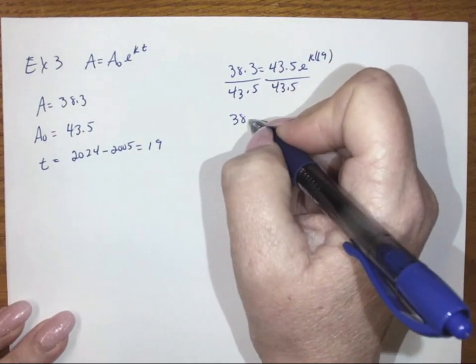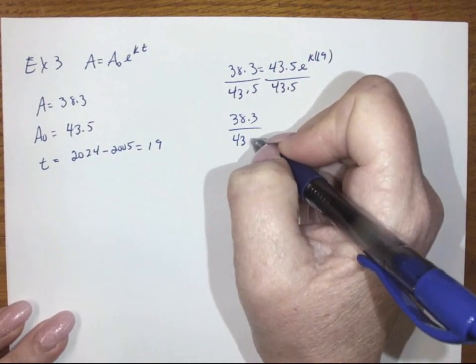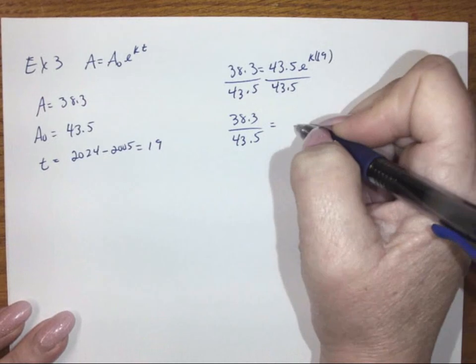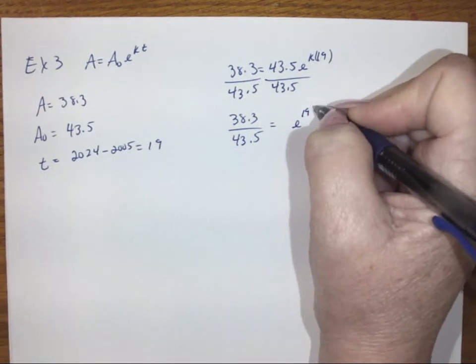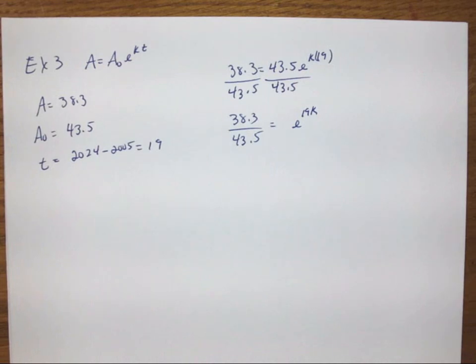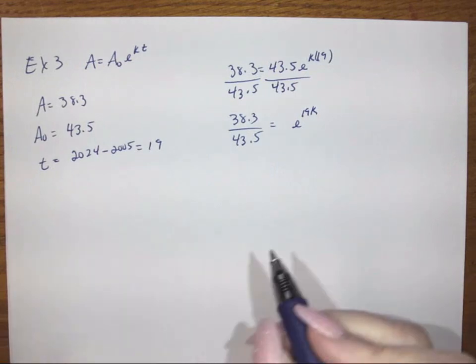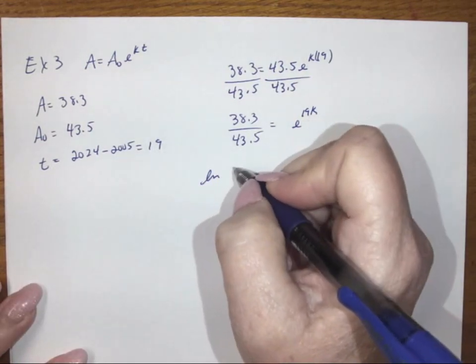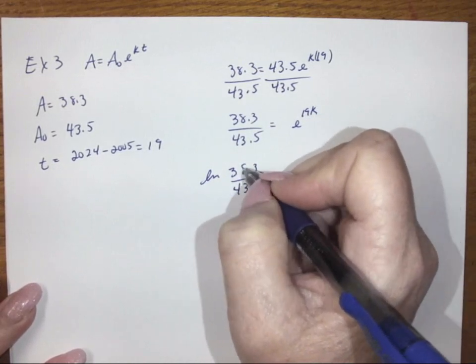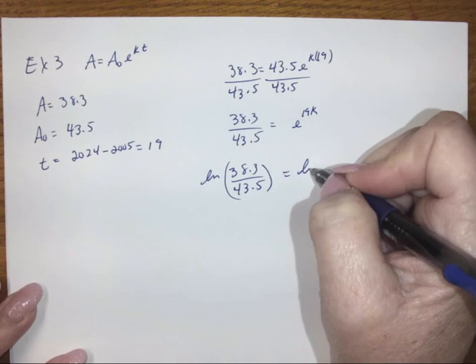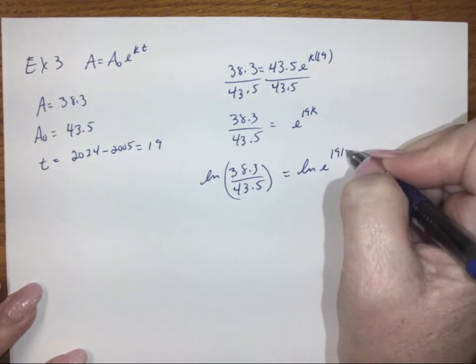So we have 38.3 over 43.5 is equal to the e, and I'm going to change that to 19k instead of k19. It's multiplication, so it does not matter. So now we'll take the ln of both sides. So ln of 38.3 over 43.5 is equal to the ln of e to the 19k.